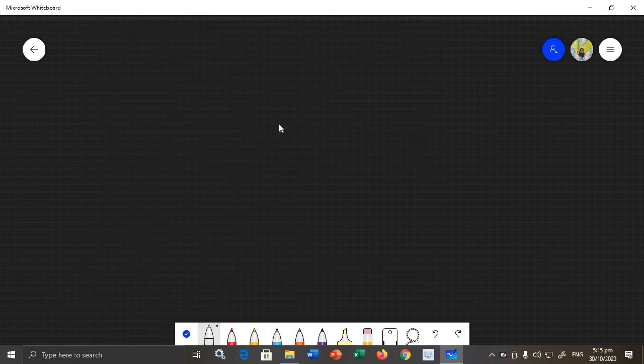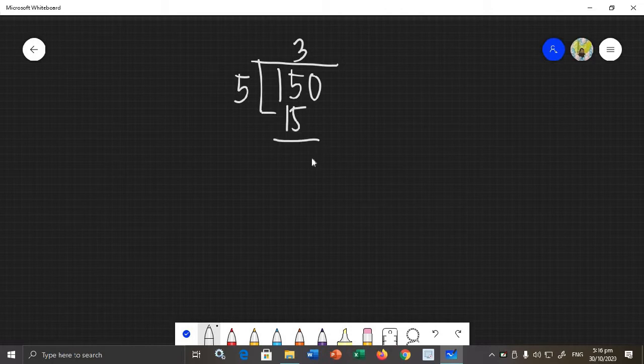If you are familiar with the old way of dividing numbers when you were in elementary, di ba yung ginagawa niyo pag nag-divide kayo? Let's say, 150 divided by 5. We have 3, and then 15, we have 0, 0.